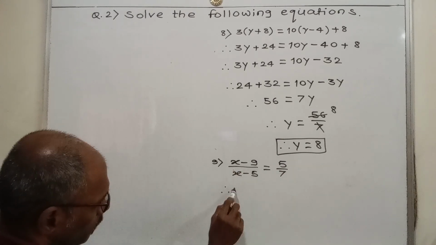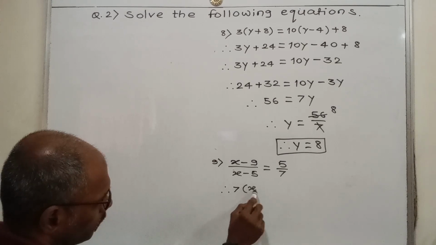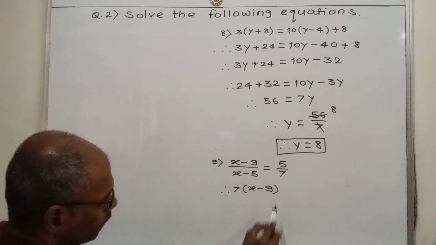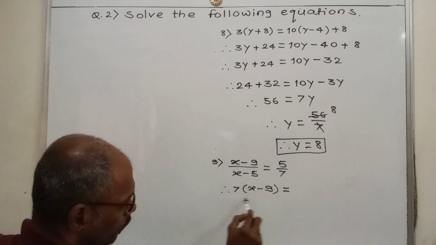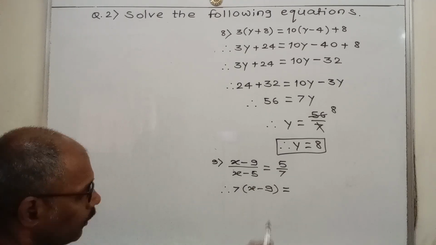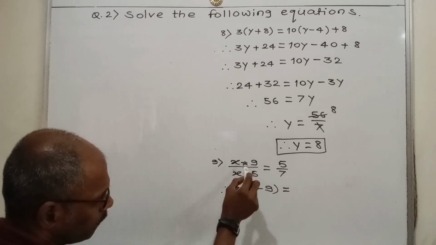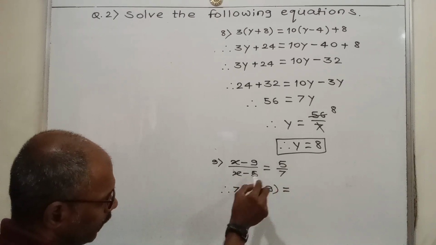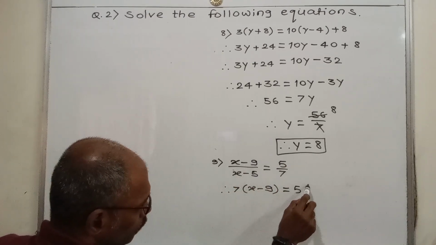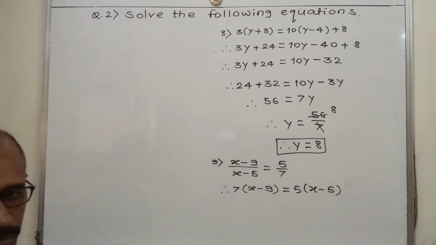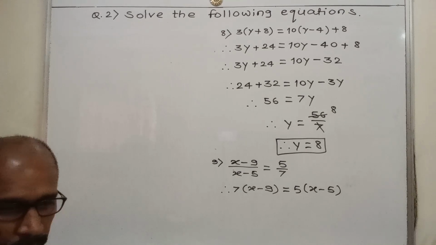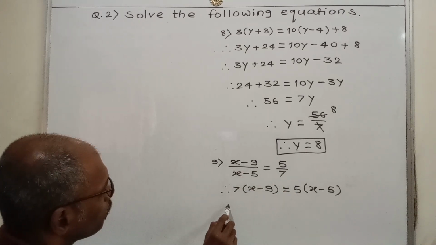See here, 7 bracket x minus 9. Here equal to sign. Don't write the denominator now. When there is an equal to sign, then only cross multiplication of these two and these two. 5 into x minus 5. Did you get it? Cross multiplication only.